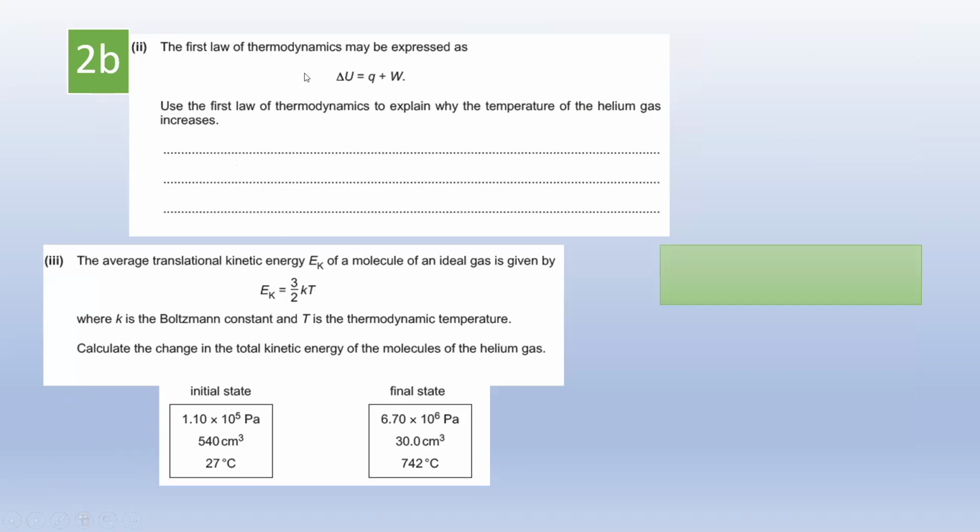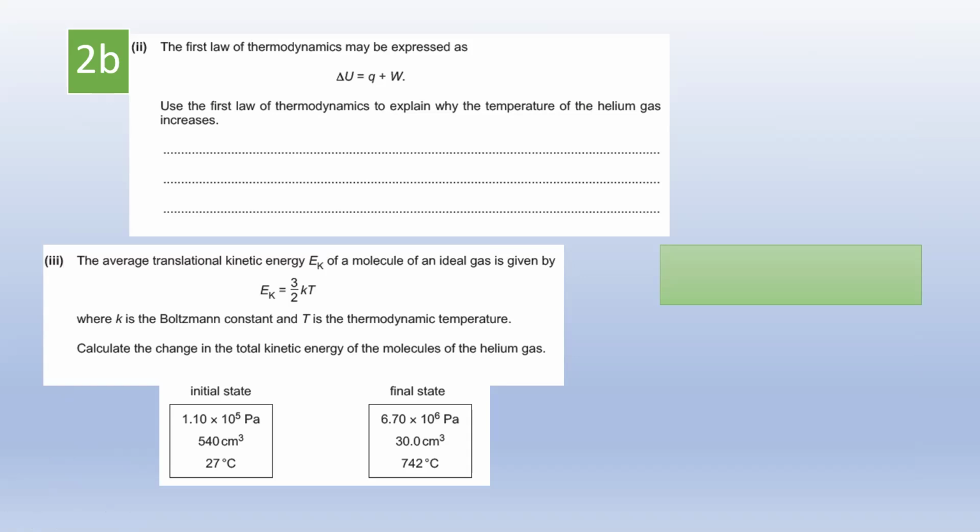The first law of thermodynamics may be expressed as delta U equals Q plus W. Use the first law of thermodynamics to explain why the temperature of helium gas increases. Okay, you want to try? Internal energy increases.